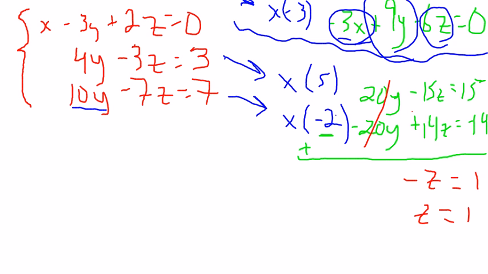which means that z is equal to 1. So now, this line stays, this line stays, this line right here gets replaced by that line right there. It's a negative 1. So go back to red.